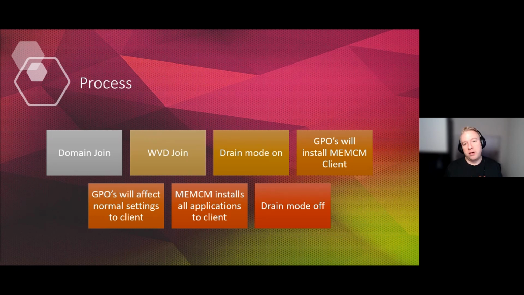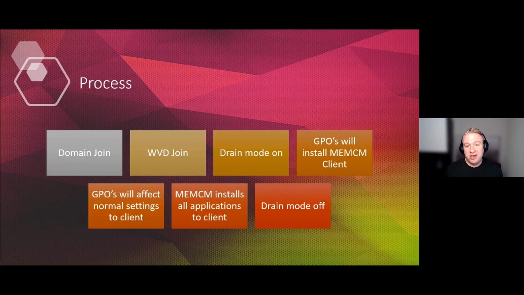Also, there's one pro that I in fact forgot to write there, is that you don't have to patch that again and again. You always use the newest one that Microsoft is providing for you from the Azure Marketplace. So yeah, it's working quite well. And when it's ready, you can turn off the drain mode.